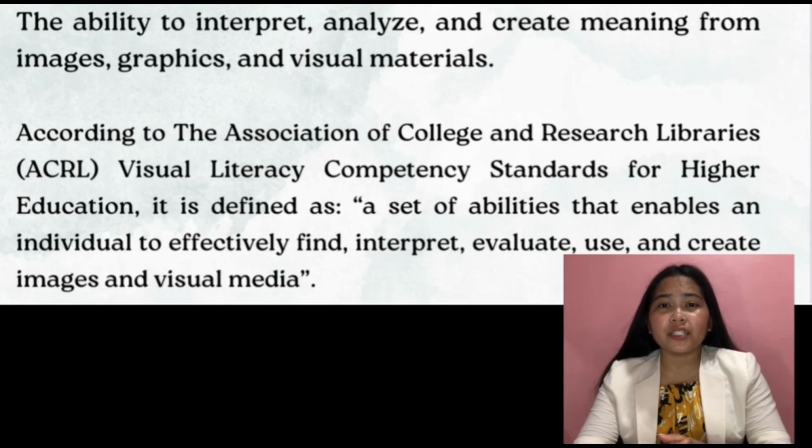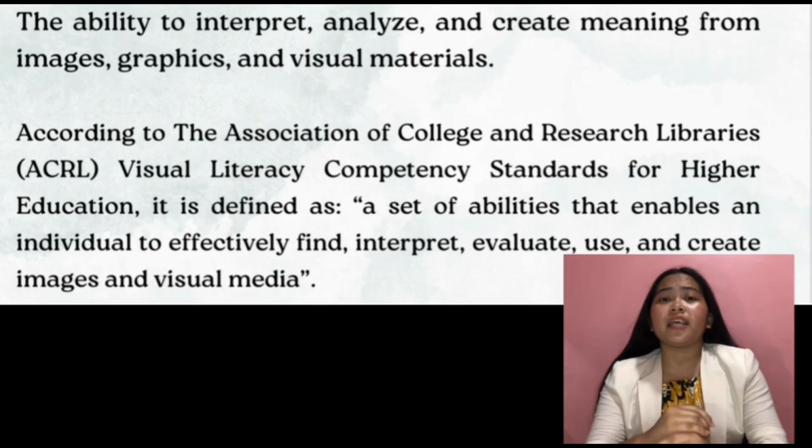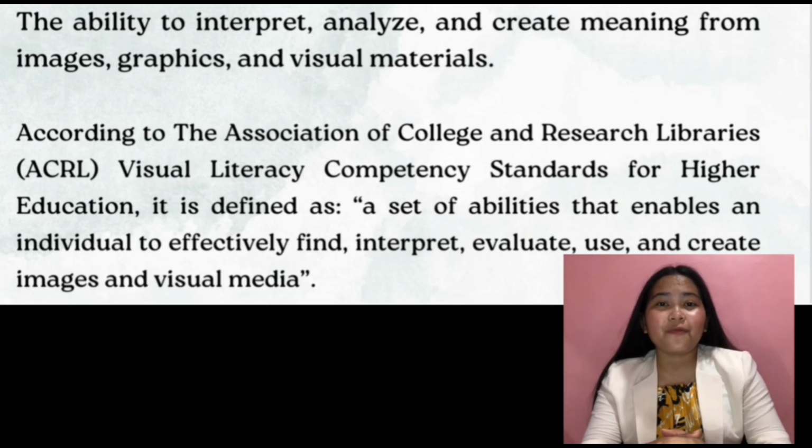This includes understanding how visual elements communicate ideas and information. Visual literacy is crucial in the 21st century for navigating our increasingly visually driven world and engaging with various forms of media effectively. So what are the key competences of visual literacy?